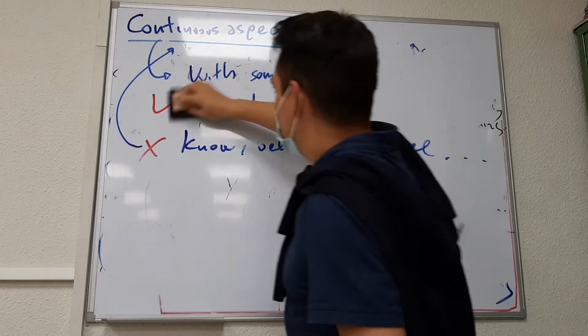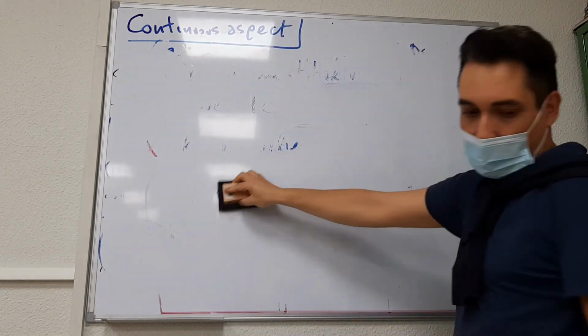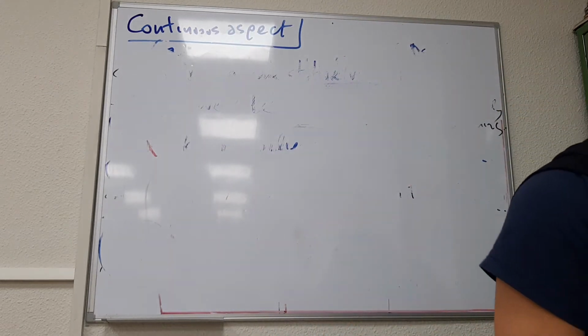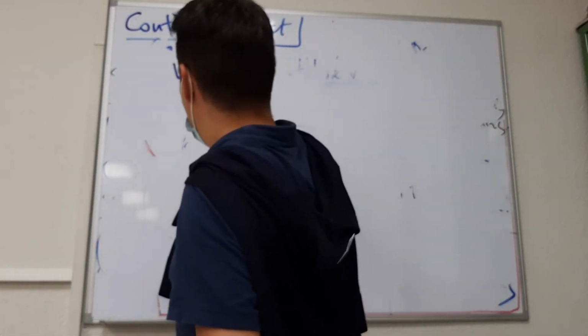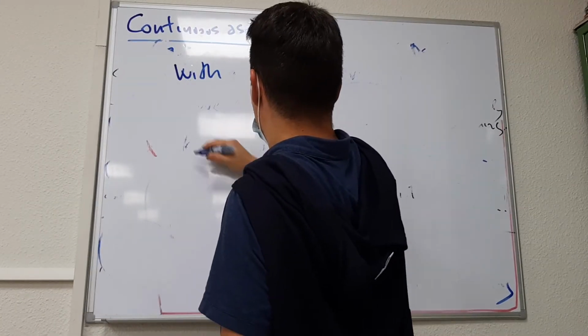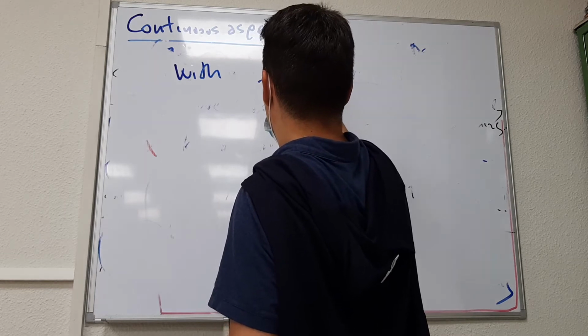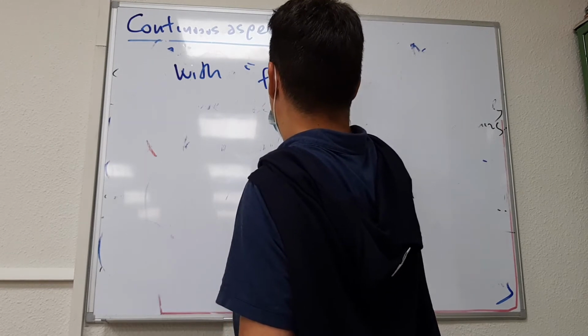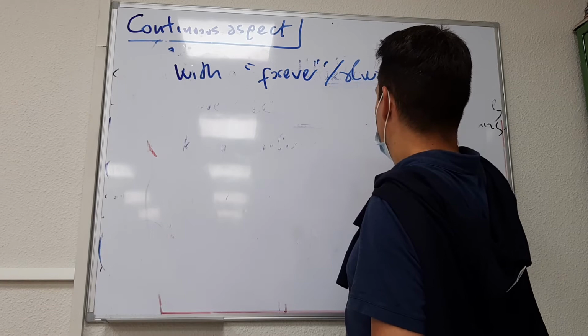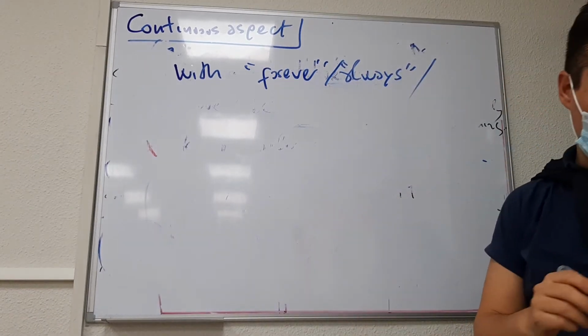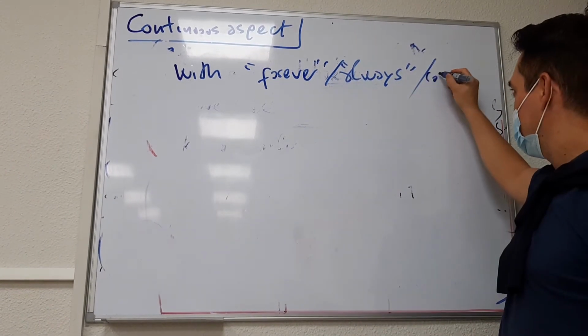Okay, another use of the continuous aspect is combining it with forever, always, constantly.